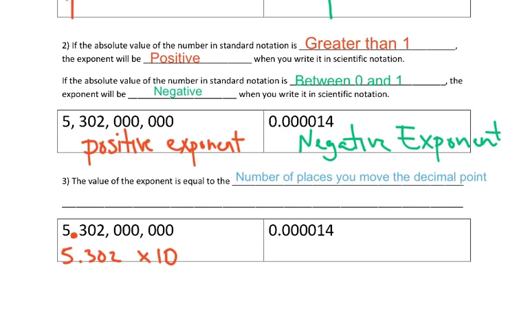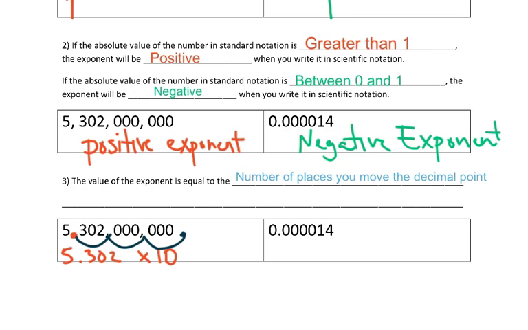Now what you need to know is that in the original problem, you didn't see a decimal point. When that happens, the decimal point is always at the very end. So we took this decimal point that existed before at the very end, and we moved it 3, 6, 9 spaces.